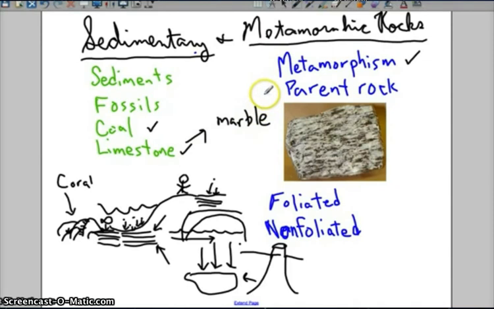Since intense pressure is on these rocks, it's very common to see the minerals flattened out. And you can see this picture of a metamorphic rock. Look how flat these minerals in black here just kind of flattened out. And that's very common of a metamorphic rock. If you were to just pick up a rock and look at it and it had these flat streaks in it, it's probably a metamorphic rock.